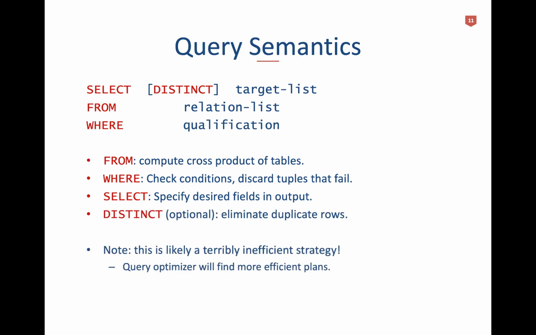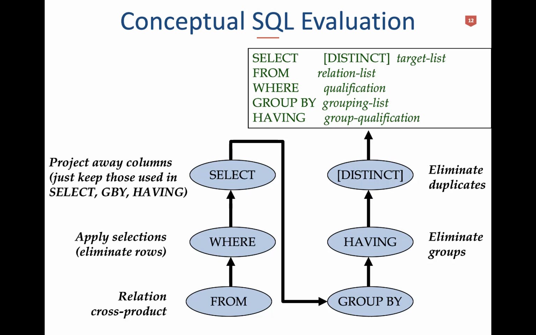Again, we said that if you have distinct, then you will eliminate duplicate rows. As I said, this is a straightforward way for you to understand how the query is going to be run and executed and what the output is going to be. But as we said, the query optimizer will find much more efficient ways of executing it.